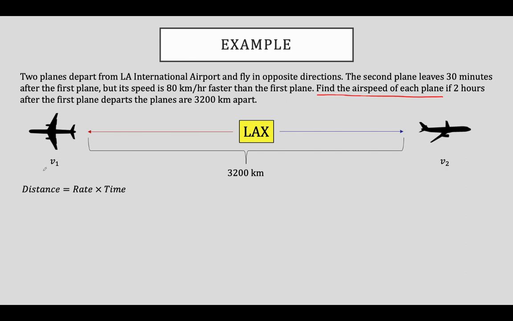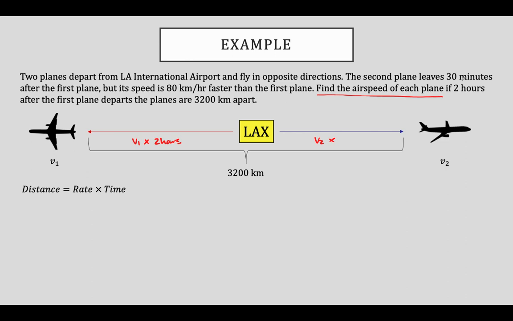Well, let's think about the distance of plane 1. The rate of plane 1 is V1, and it has been in the air for 2 hours, right? 2 hours after the first plane departs. So this distance here is going to be V1 times 2 hours. This distance that our second plane has traveled is going to be V2, that's the airspeed of plane 2, times, well, how long has this one been in the air?